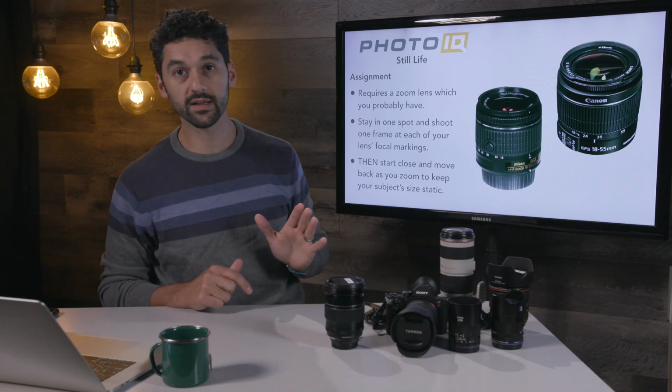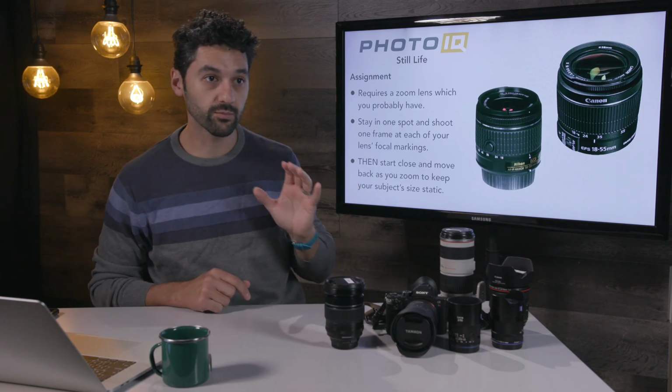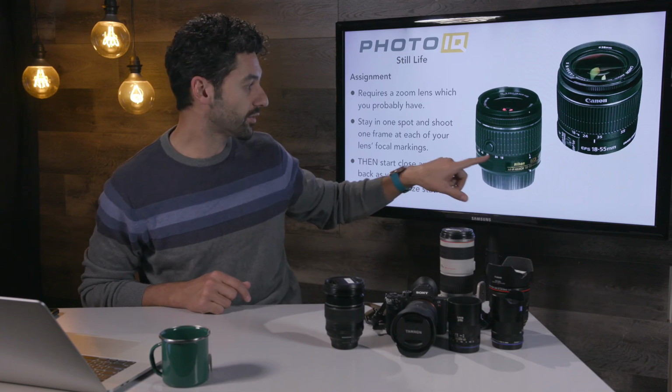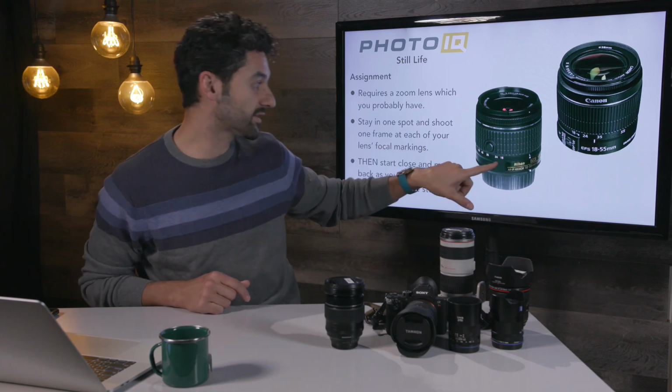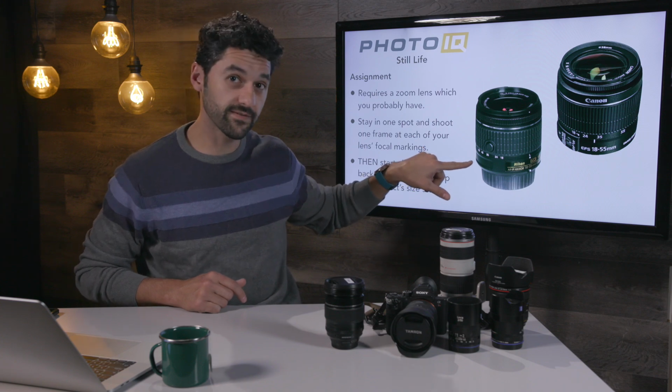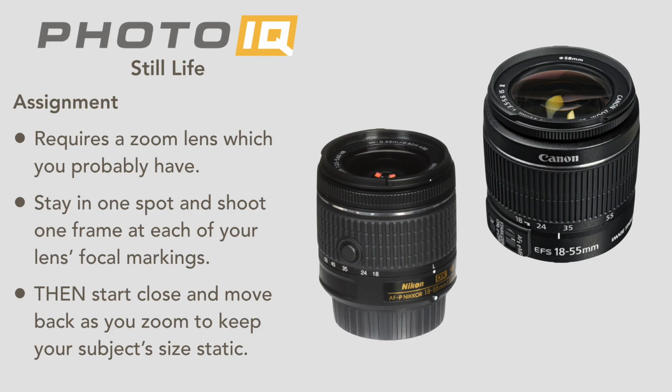They're about $200 each. So you most likely are going to have one of these lenses. The markings are present on them. You can see 18, 24, 35, and the Nikon actually has a 45 marker, which is pretty useful, and then 55. The Canon has 18, 24, 35, and then all the way to 55.